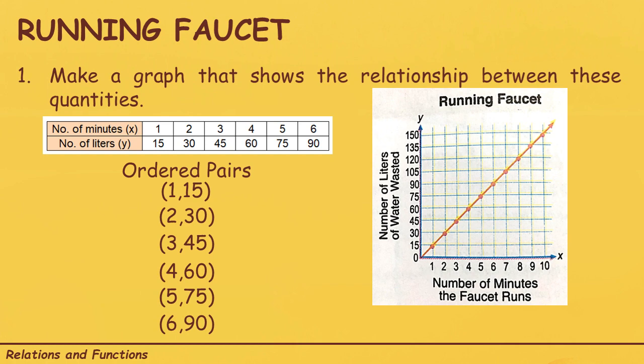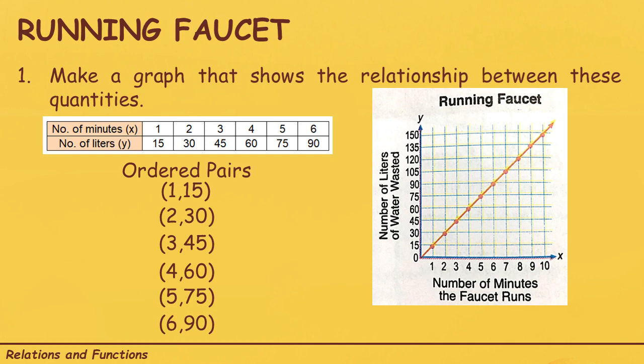Okay, so as you can see, on the x-axis is the number of minutes the faucet runs, while on the y-axis we have the number of liters of water wasted. So, we can see the points (1, 15), (2, 30), (3, 45), and so on and so forth.